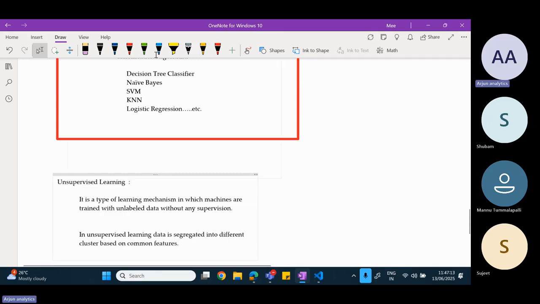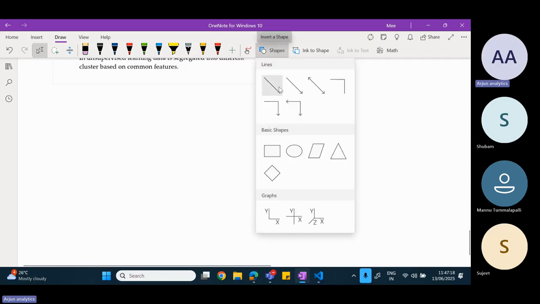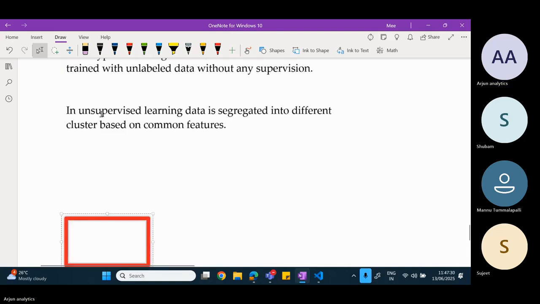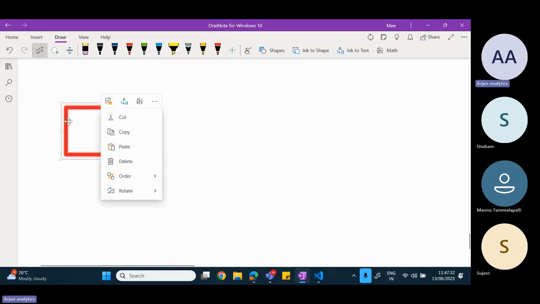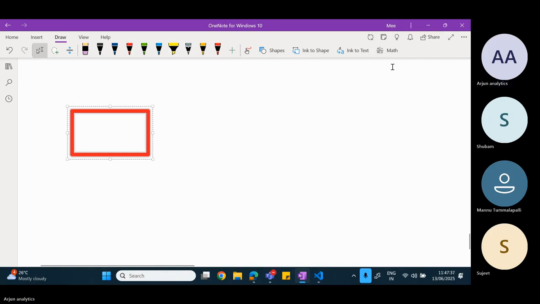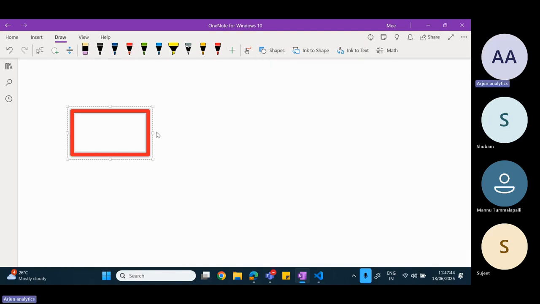Now, I will show you a small example. Suppose there is a box. This is the box I'm having, and this box has a lot of objects.